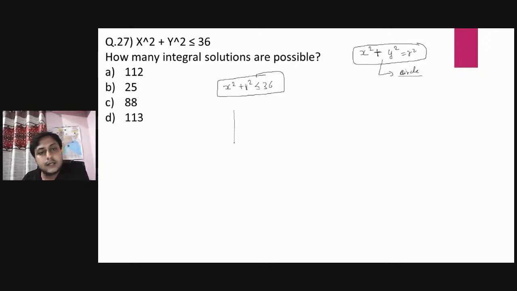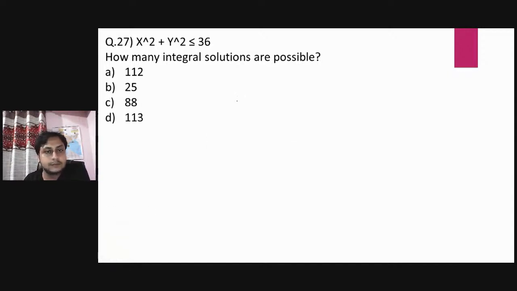So guys, draw a circle to get a rough idea. So this should be like, give me a second. Right? So this is x square plus y square less than or equal to 36.